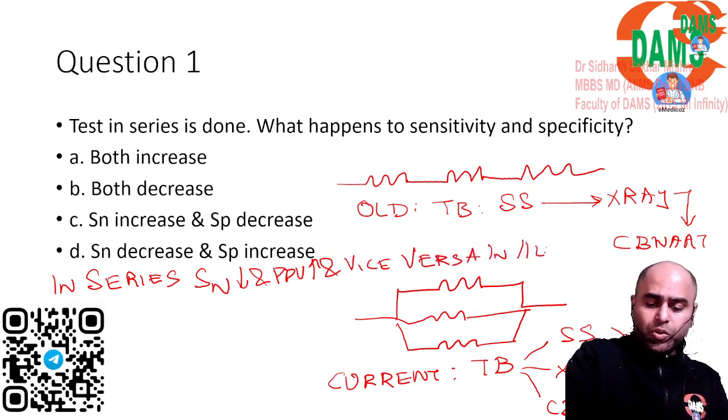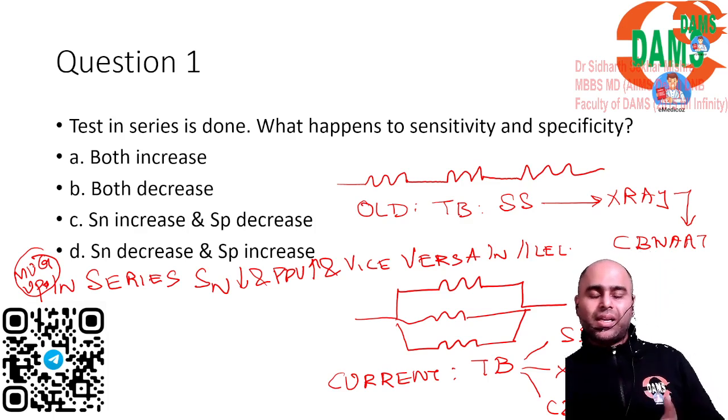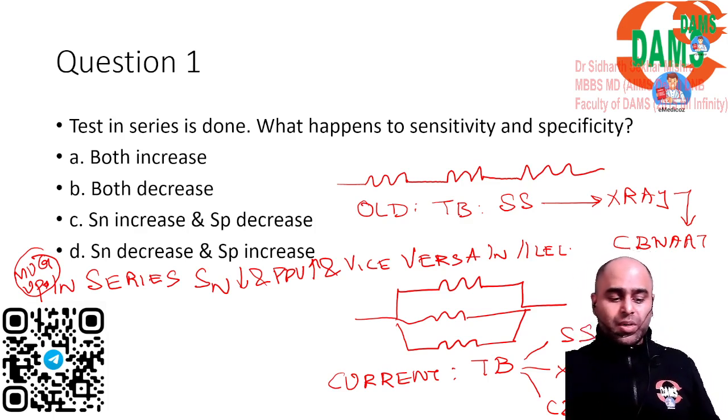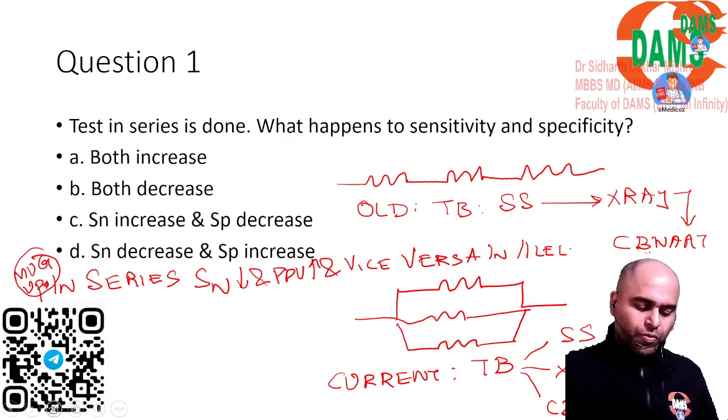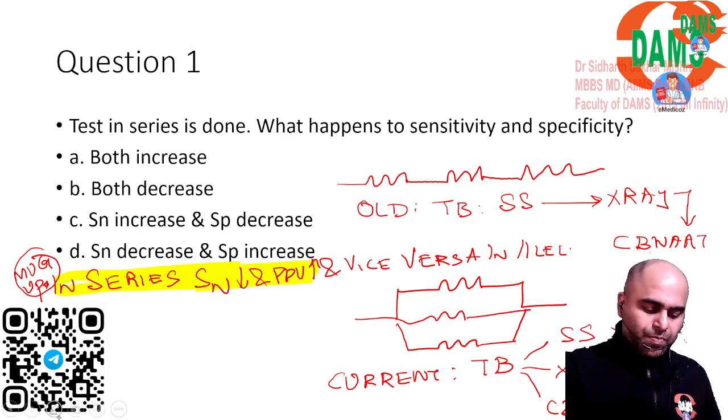Those of you who know me know I always talk about concepts, but here I'm asking you to remember because this is mathematical. It will almost take 5 minutes to understand this maths, but at the end, you will just remember this line. So let us go for a shortcut to remember this line: in series, sensitivity drops and the PPV goes up, and vice versa occurs in parallel.